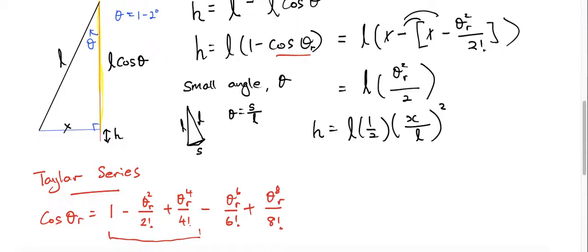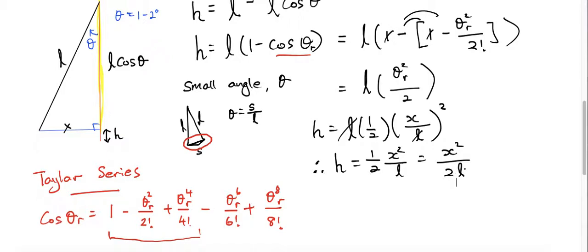Because of this effect, and then what you can do is simplify the L and the L. So therefore, my h is actually 1 over 2 x squared over L, or x squared over 2L. So this is my height.